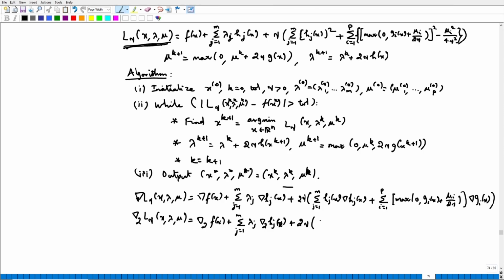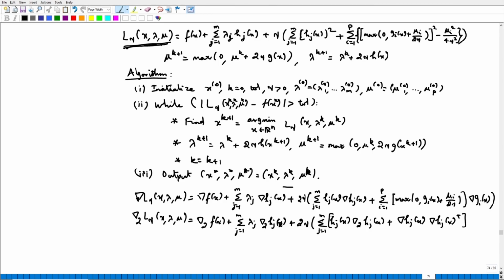This will have two terms. One term is h j of x into the Hessian of h j of x plus del h j of x into del h j of x transpose, and all of this is the summation j equal to 1 to m.